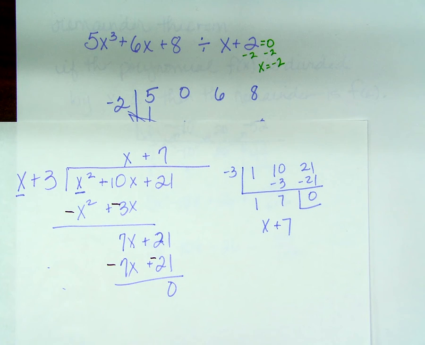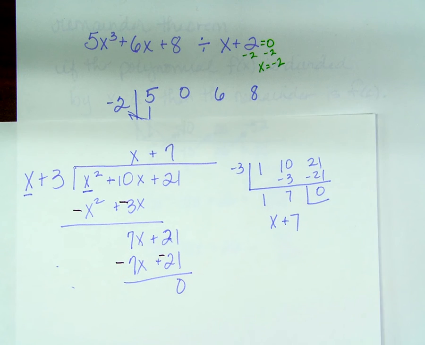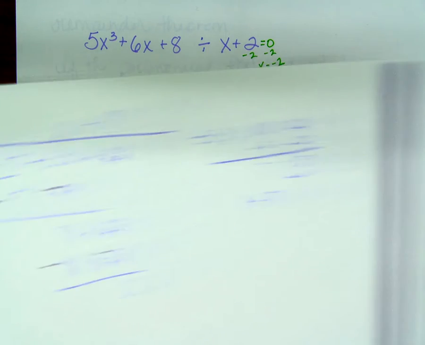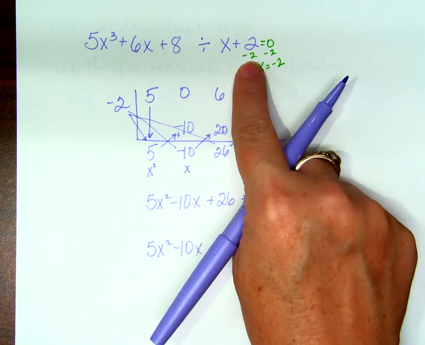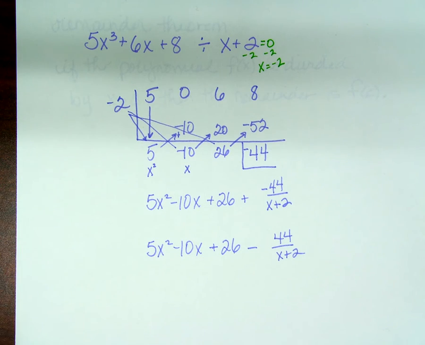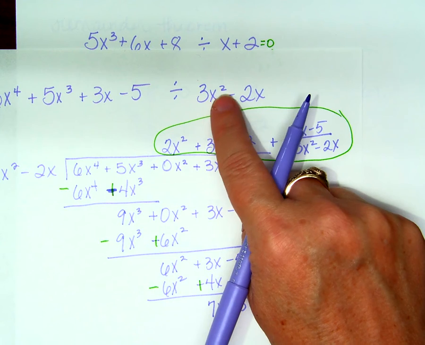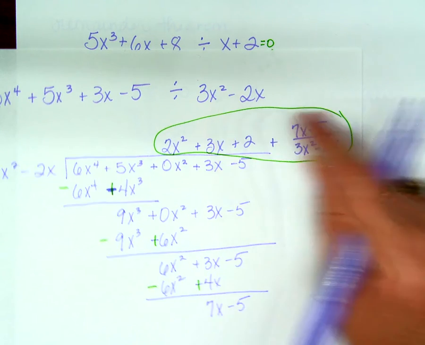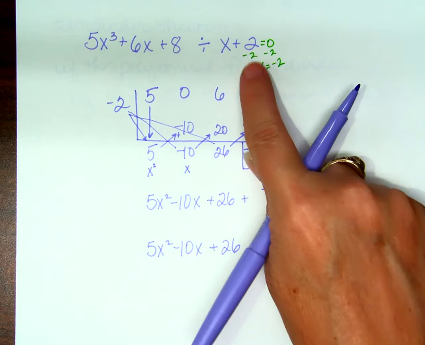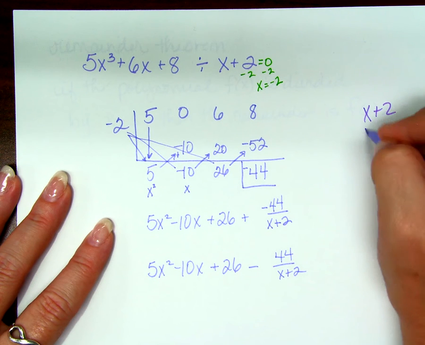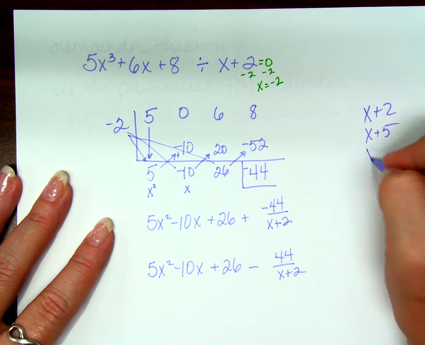Okay, when can you do synthetic division and when can you not do synthetic division? You don't remember? When what you're dividing by has the exponent of 1, right? The highest exponent. We can't do synthetic division on this one because it has a squared. Okay? We could only do synthetic division on problems like this: x plus 2, x plus 5, x minus 4.